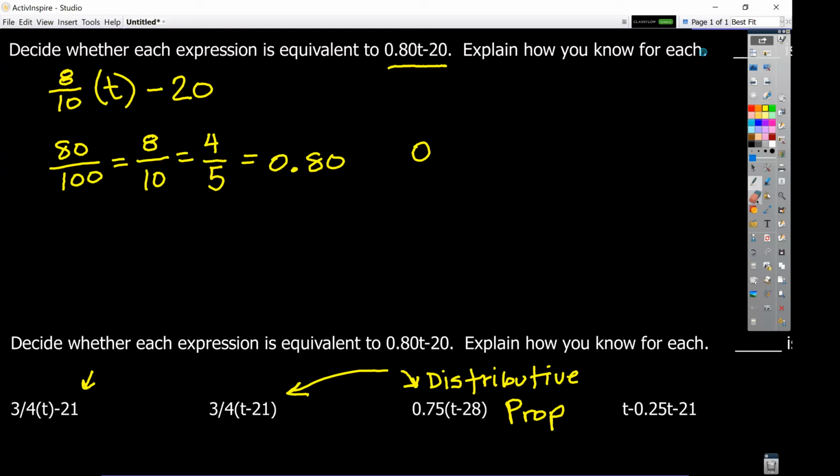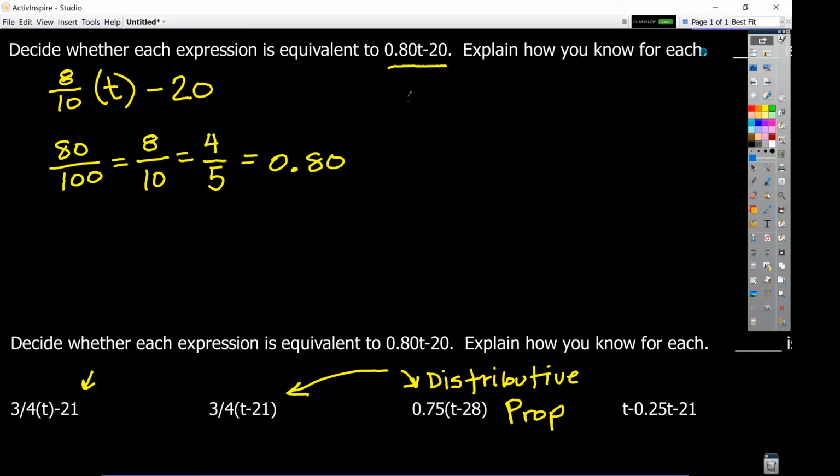All right, so I'm going to switch colors really quickly just so we can distinguish it from the first work that we did, the first expression that we checked. Okay.